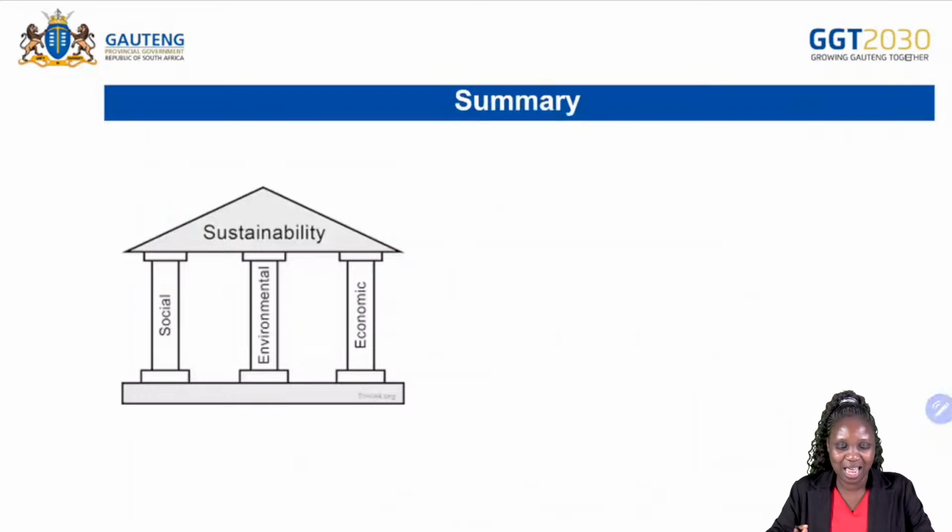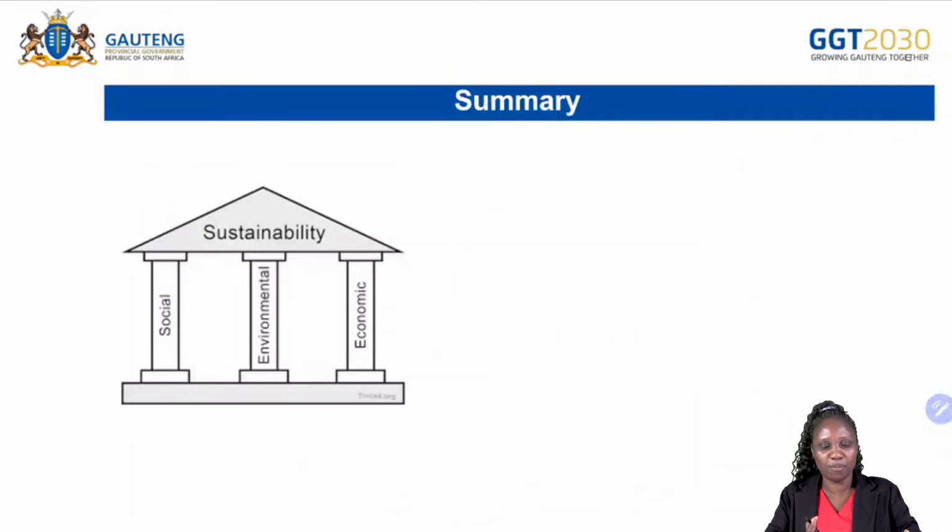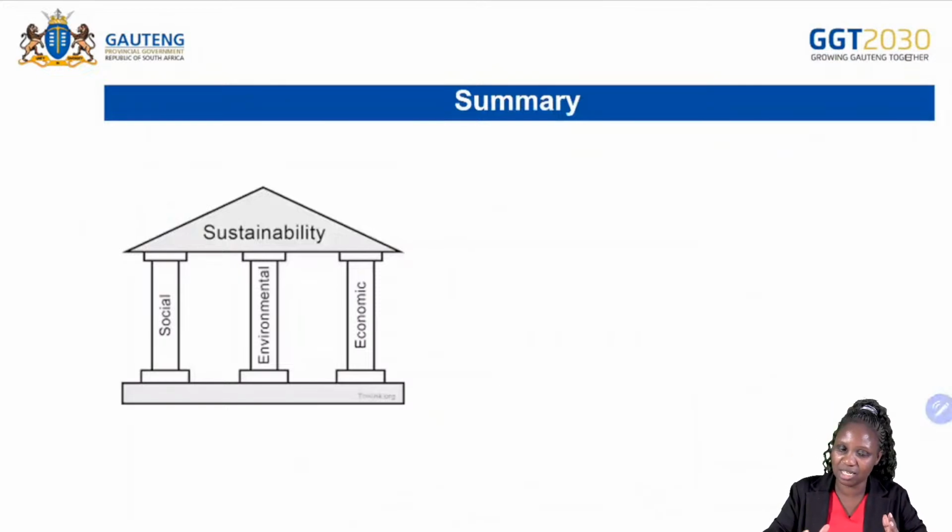And then social, we're talking about people. We're talking about people who care for the tourists who come to the country. We're talking about the entertainers. We're talking about the people who are working in the tourism sector. And then we're also talking about the people where the attractions are. If there is an attraction in an area, local people in that area should be employed, right?